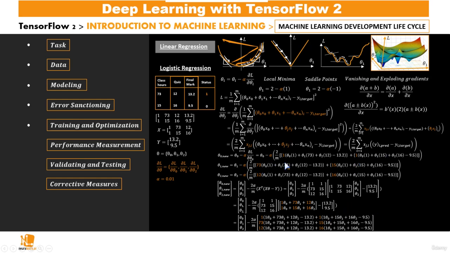And then for the next, it's going to be this. So with this in mind, if we are writing a program to help us calculate the partial derivatives of L and then find the new values of theta, it will suffice to simply use this equation.